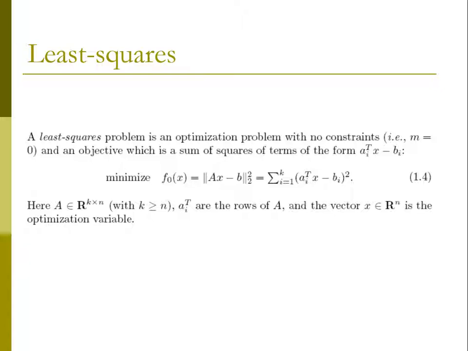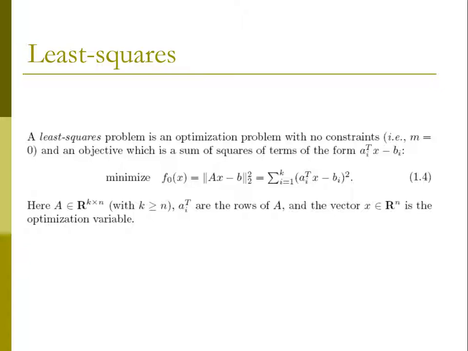In this section, I will describe one of the very widely used and known special subclasses of convex optimization. We call it least squares. The objective function of least squares is a sum of squared terms of the form ai transpose multiplied by x minus bi.